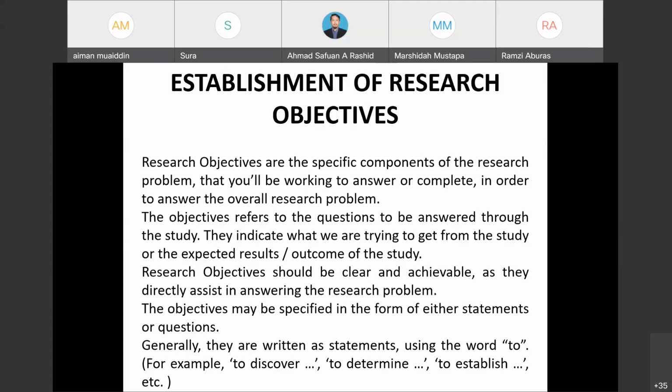These are the usual words normally used to address the research objective. We may discuss later next week, by showing one or two examples of research objectives.